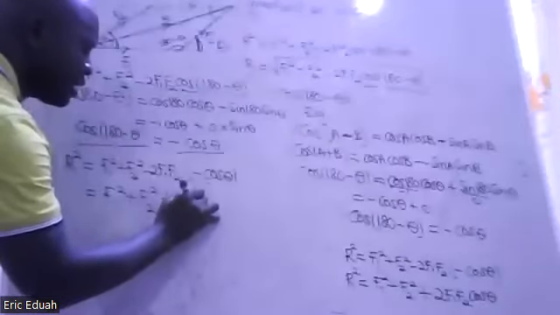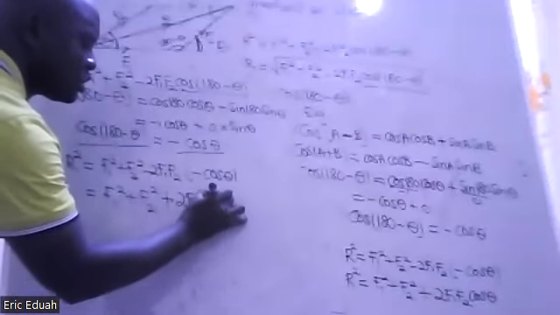F1 squared plus F2 squared, this is negative times negative, so plus 2F1 F2 cos theta.